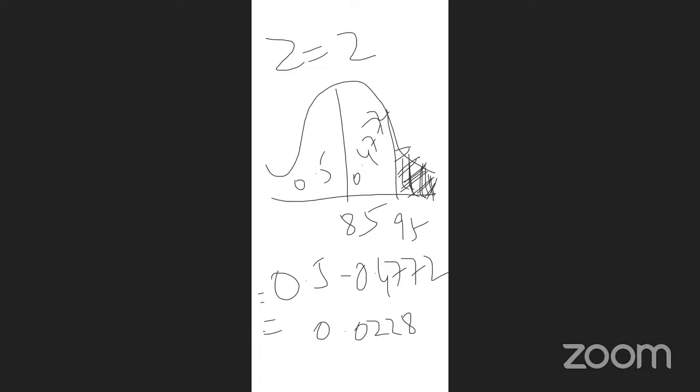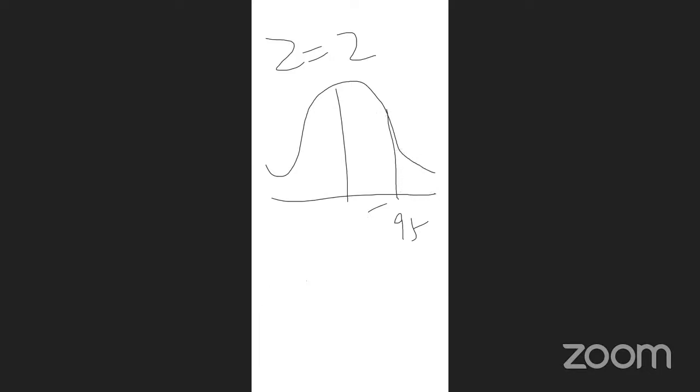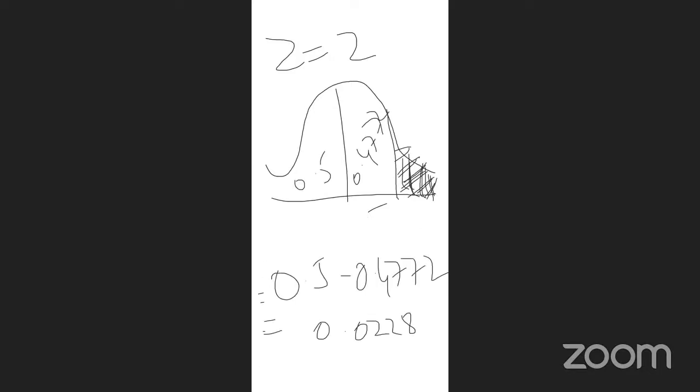And he says n is equal to 1200. So let us work out here. That is n into 0.0228, which is 1200 into 0.0228.